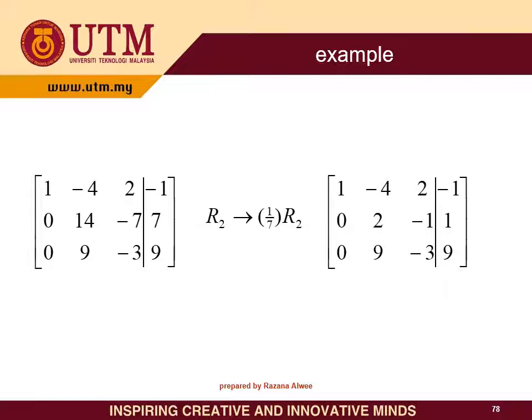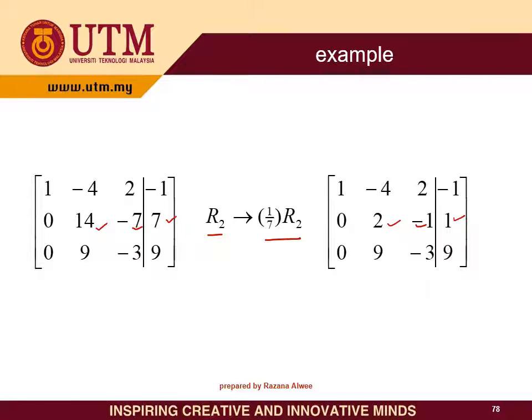Then we can simplify row 2 by dividing it by 7. So 14 becomes 2, 7 becomes negative 1, and this other 7 becomes 1.